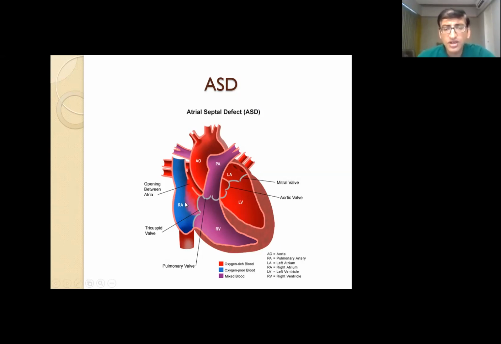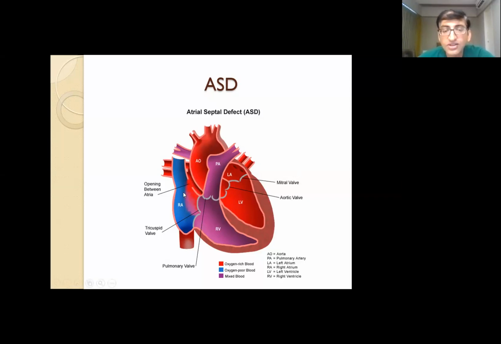So this large amount of blood coming to the right side of the heart in case of ASD will lead to dilatation of the right side of the heart. This large amount of blood will go into the lungs, and when it reaches back into the left atrium, that extra amount of blood will again come onto the right side, and only the normal cardiac output blood is going to go to the left side, as a result of which the left ventricle will not dilate.